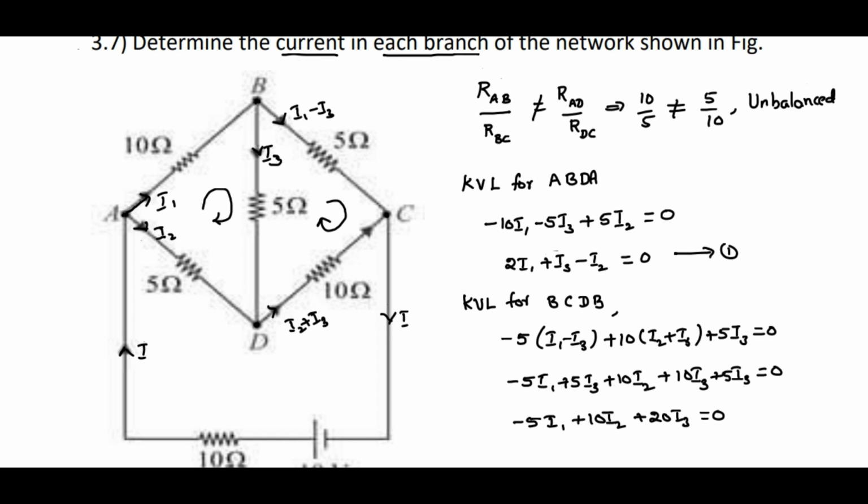Dividing this completely by minus 5, this one becomes I1 minus 2 I2 minus 4 I3 is equal to 0. Take it as equation number 2.